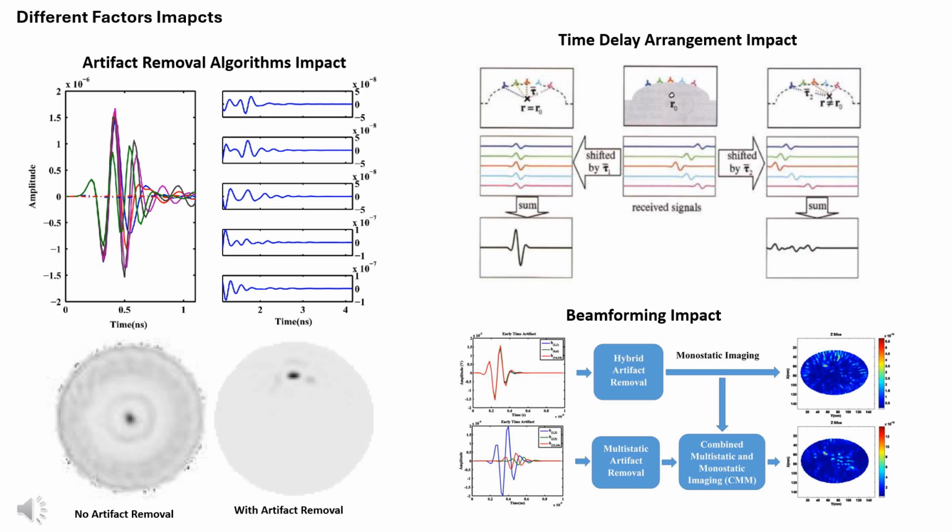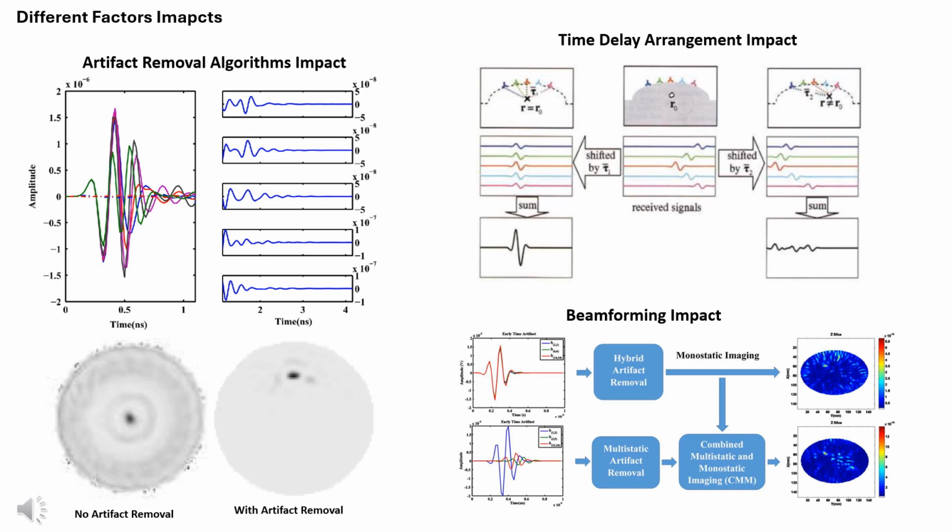imaging and detection. In the bottom left corner, two images are shown side by side, comparing results with and without artifact removal. The left image, without artifact removal, shows significant noise or clutter, which obscures the object or target that the system is trying to detect. This could represent an object such as a tumor in a medical imaging system, where the signal reflections from surrounding tissues introduce unwanted artifacts.